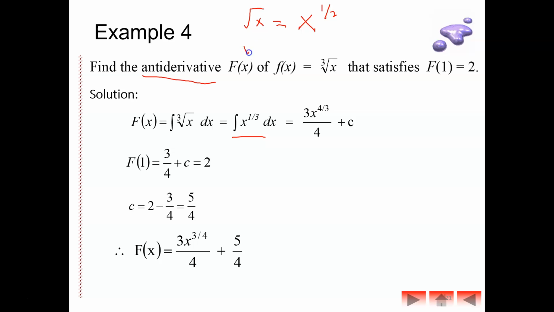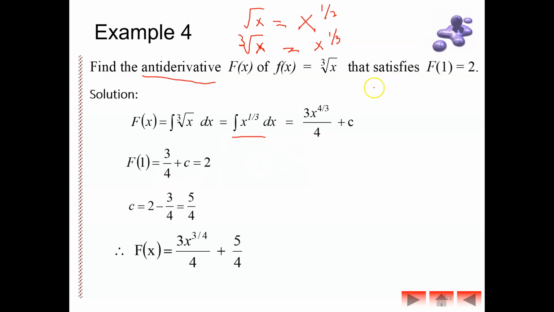When you have the cube root, you will get x to the power of 1 over 3. So this one you can integrate, x to the power of 1 over 3 plus 1, divided by the new power. So now you get this answer.